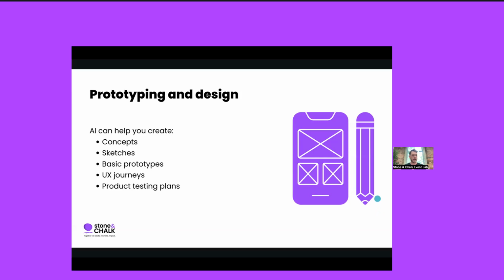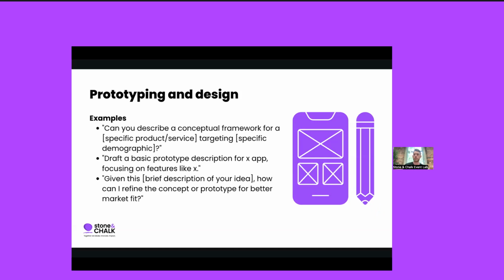For example, can you describe a conceptual framework for X targeting Y? Draft a basic prototype description for this app, focusing on features like X, Y, and Z. And also, given this description of your idea, how can I refine the concept or prototype for better market fit?